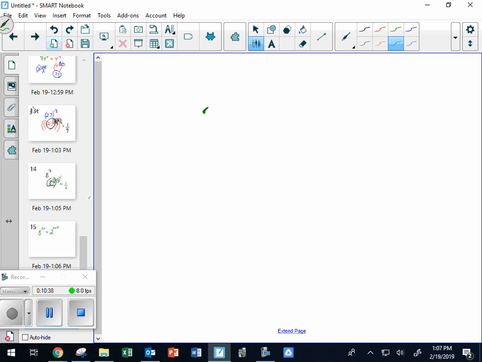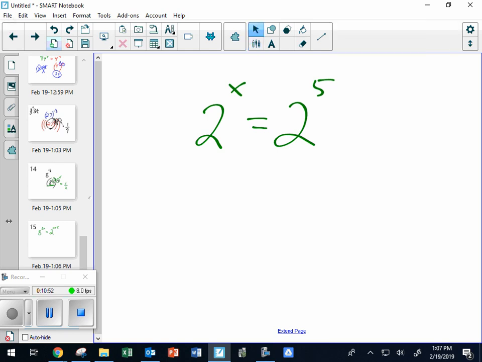Okay, so here's a simple one. I know you can do this. Think about it. What's x got to be? 5. Look, 2 to the 5th equals 2 to the 5th. See? It's 5. All right, so how could I do that?